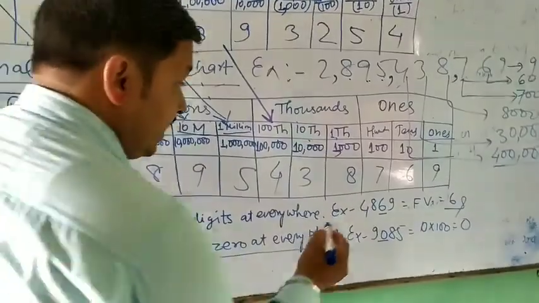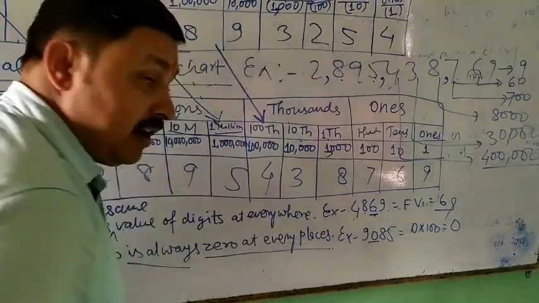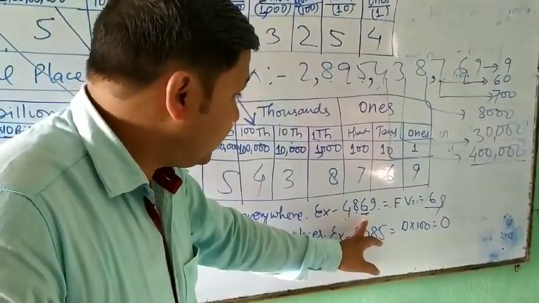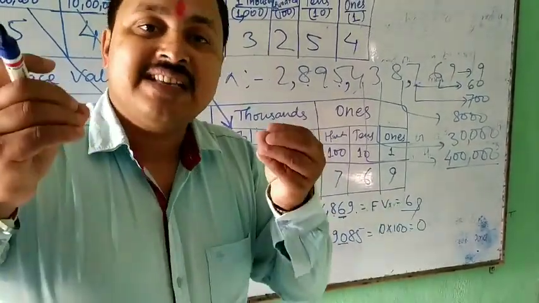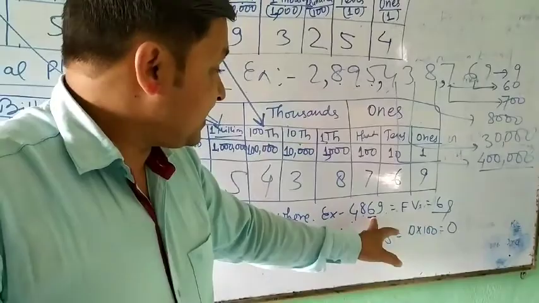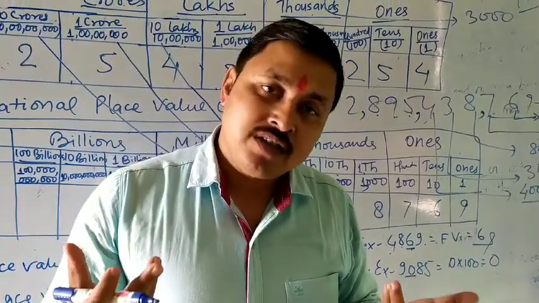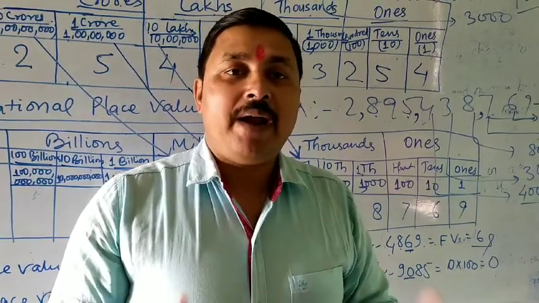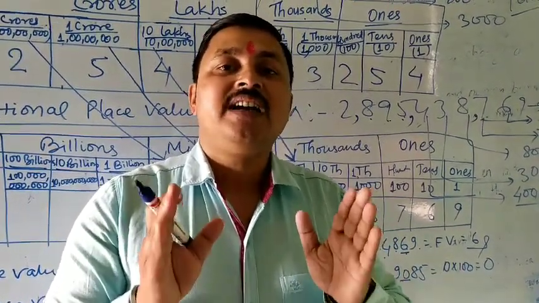For example, if we write 4, 8, 6, 9 and 6, find the face value of 6. That means the face value of 6 is always 6. If 6 is at the 1,000s place, then its face value is also 6. It does not depend on the place value. It is only the value of the digit.